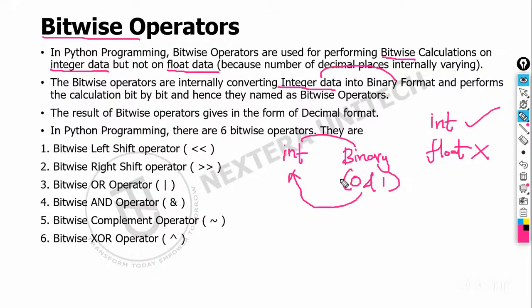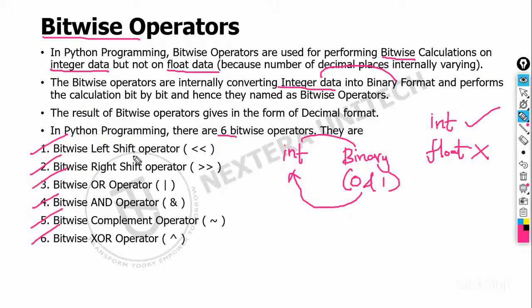So this is the process, and in total we have 6 bitwise operators. What are they? Bitwise left shift operator, bitwise right shift operator, bitwise OR operator, bitwise AND operator, bitwise complement operator, and finally bitwise XOR operator.